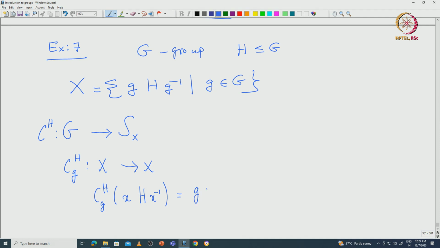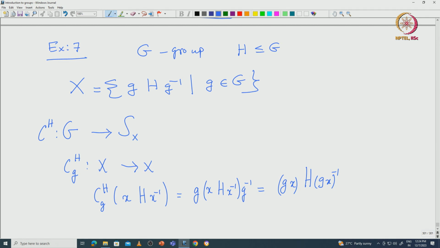So g x H x inverse g inverse, which is exactly equal to gx H (gx) inverse.